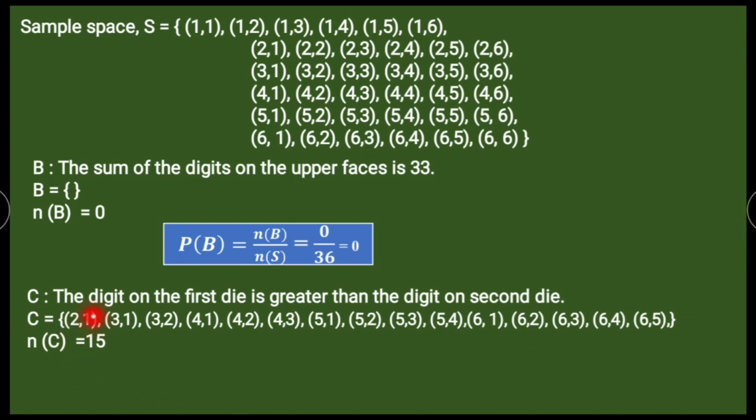Then event C, the digit on the first die is greater than the digit on the second die. So here we write the elements which satisfy this condition in set C. So (2,1), first number is greater, (3,1), (3,2), (4,1), (4,2), (4,3), (5,1), (5,2), (5,3), (5,4), (6,1), (6,2), (6,3), (6,4), (6,5), in each the first number is greater.